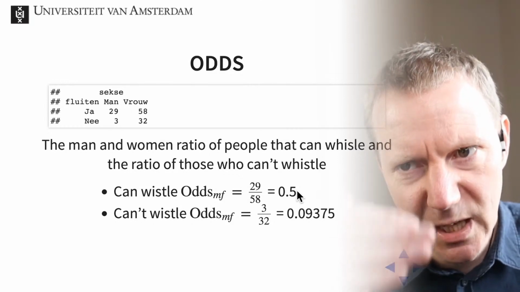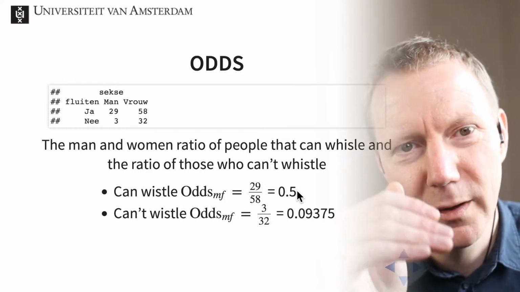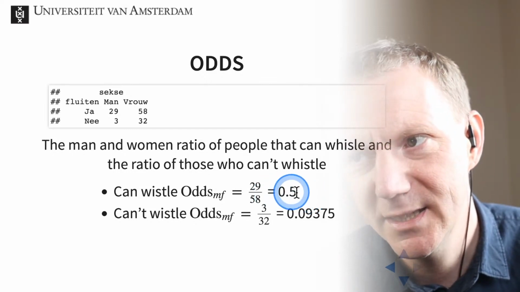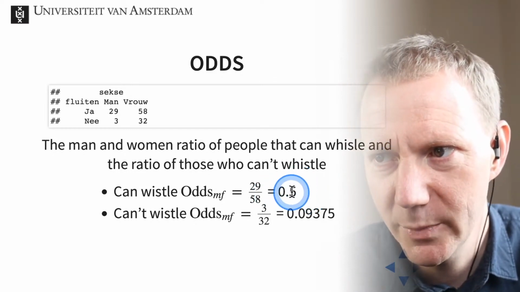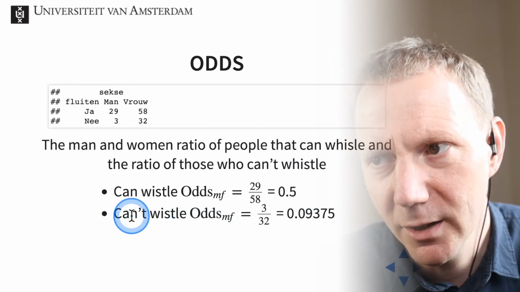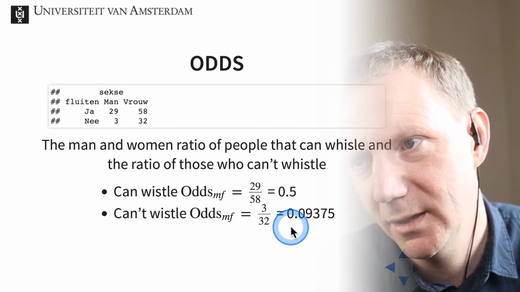If it's 1, it's equal, and it could be a little bit higher than 1, and then it favors one over the other. It's not 1, so they're not equal, but it's a bit smaller. But this one, the relation between men and women that can't whistle, this one is totally off. It totally favors the amount of women.